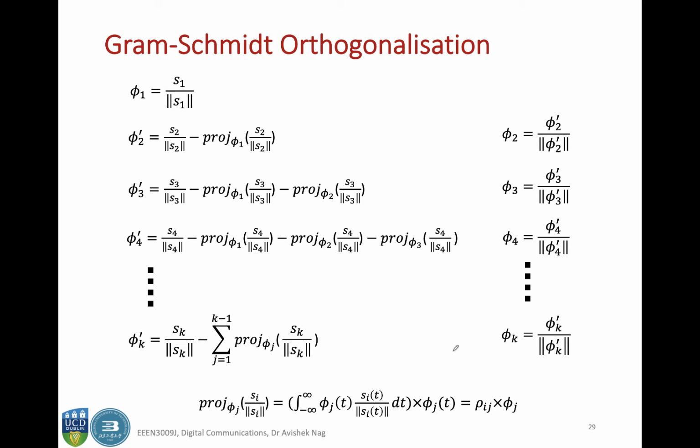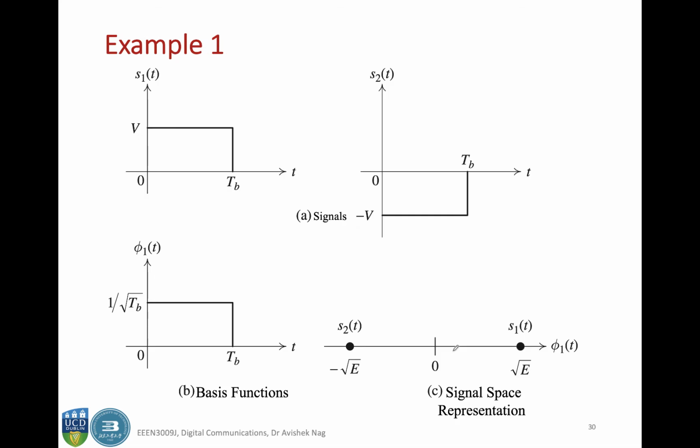So now let's try to understand it better by applying that to some real problems. Let's say we have a set of two signals, S1t and S2t. This is an example of a binary communication system. Whenever a 0 is transmitted, you map it to signal S1t, and whenever a 1 is transmitted, you map it to S2t.